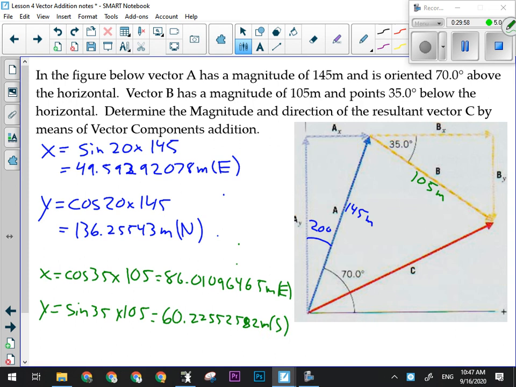Okay, I always put the directions on when I'm finding the components so that later I remember which ones are negative and which ones are positive, okay? If you don't want to do that, that's up to you.